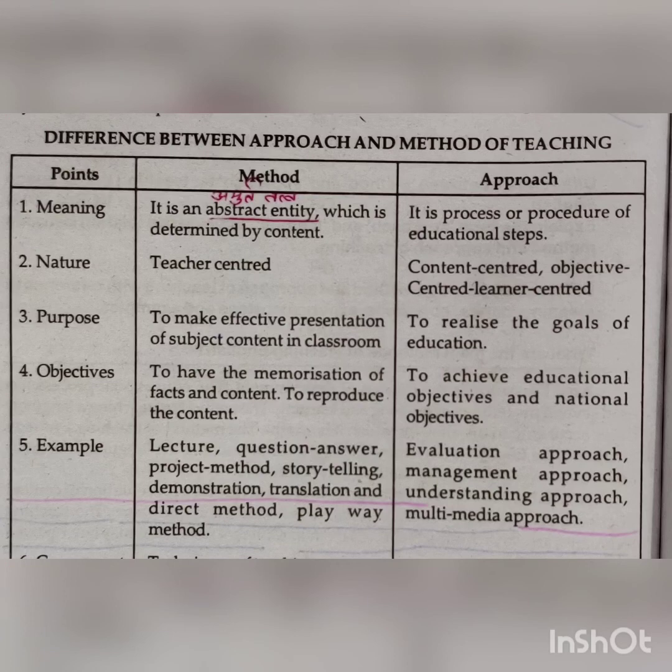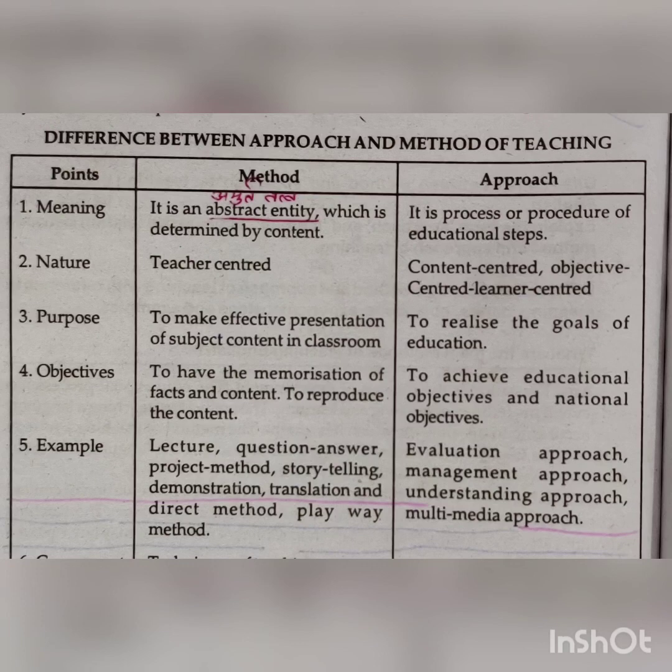Now, if we take all the same points for approach, it will be different. How? In terms of meaning, the definition of approach is that it is a process or procedure of educational steps.